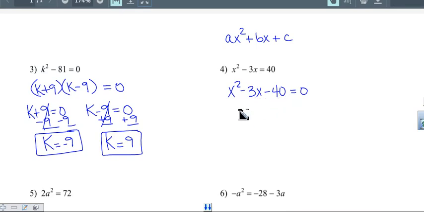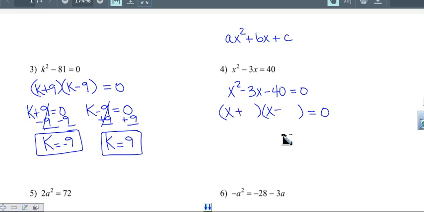These 3 terms don't have anything in common, so we'll go ahead and write down our 2 parentheses. The x squared breaks into x times x, and I am looking for 2 numbers that can multiply to a negative 40 that will subtract and give me a negative 3. Remember, they multiply to a negative number, which means they have opposite signs.